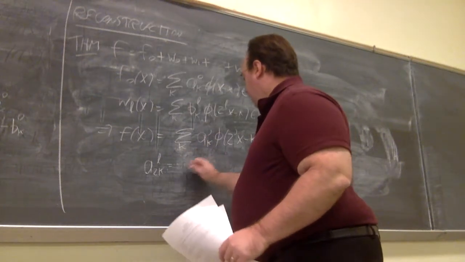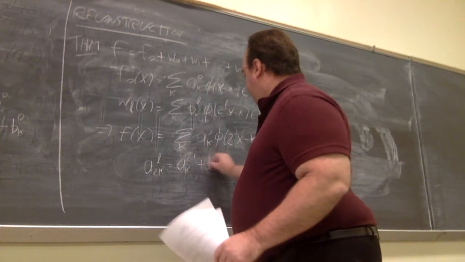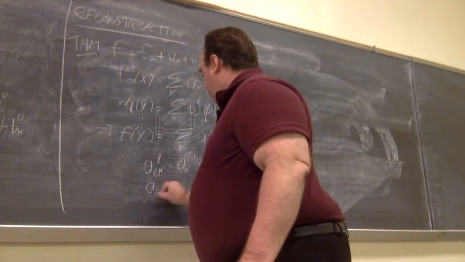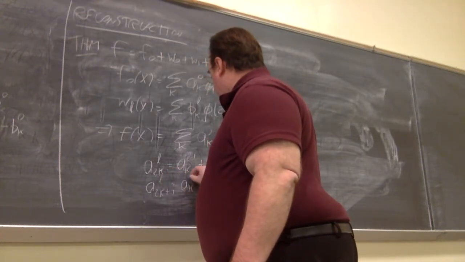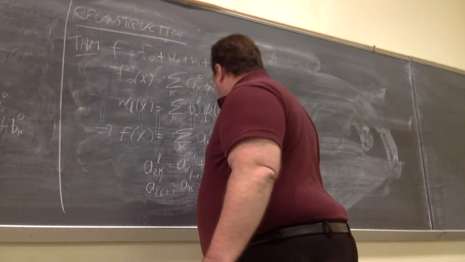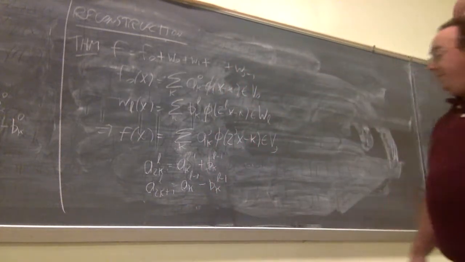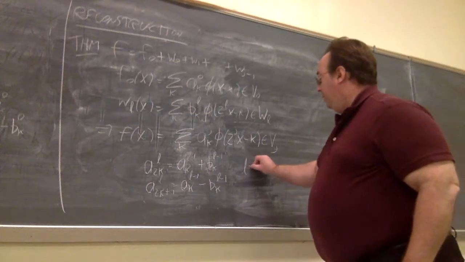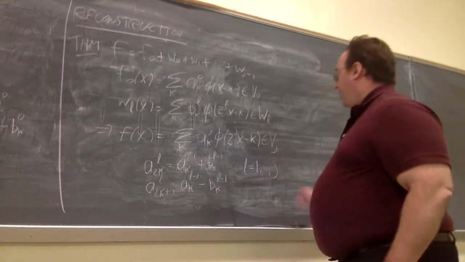Make this bigger. AK L minus 1 plus BK L minus 1. And then A2K plus 1 L is equal to AK L minus 1 minus BK L minus 1. And L goes from 1 up to J.